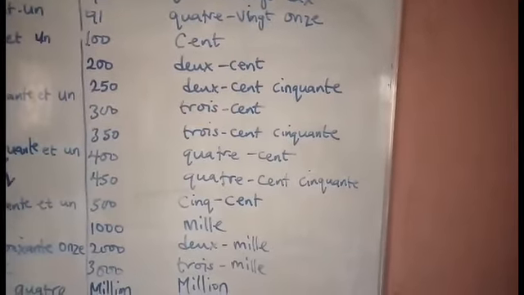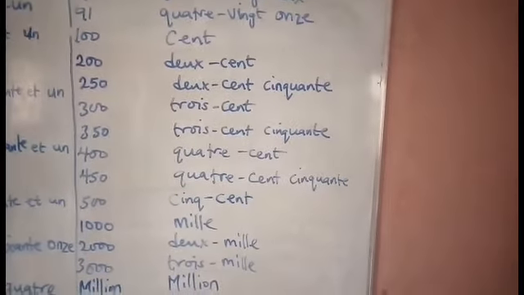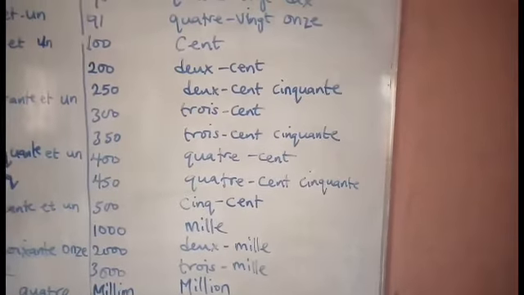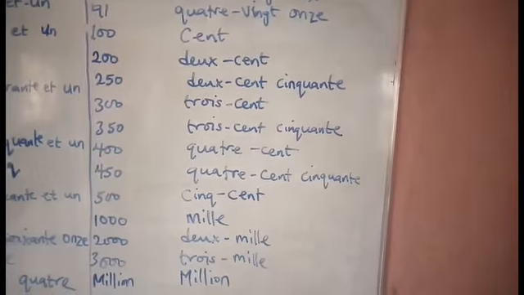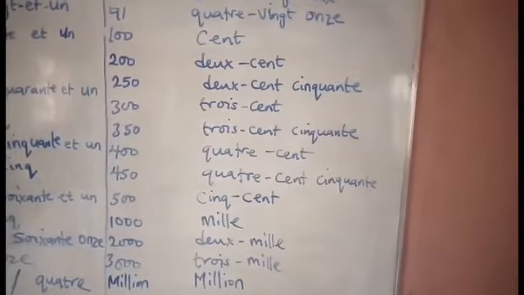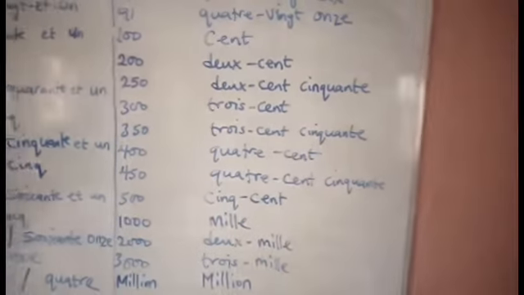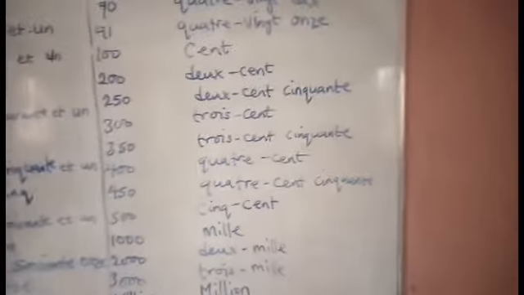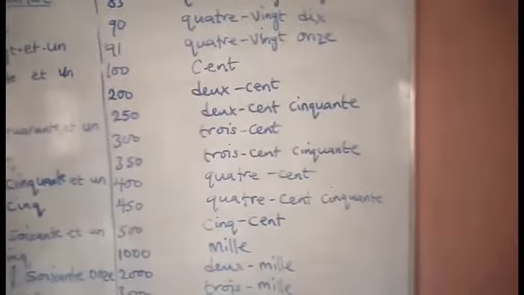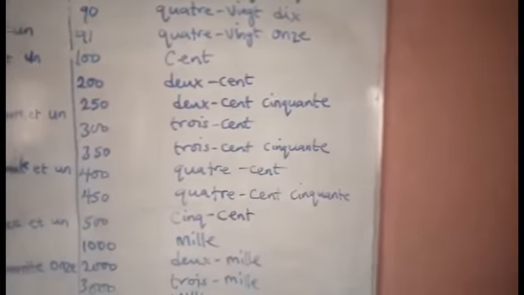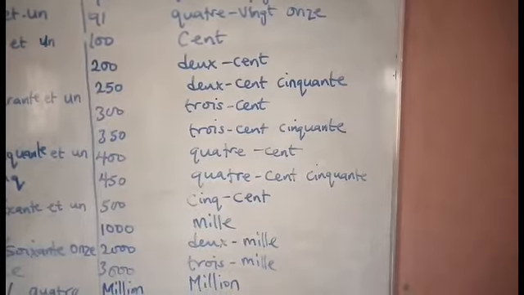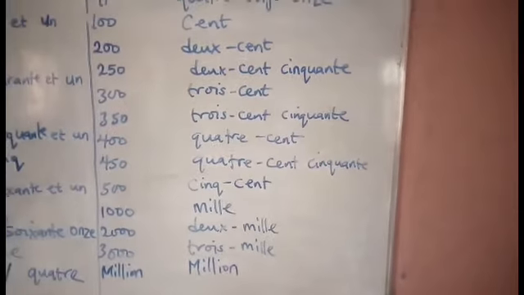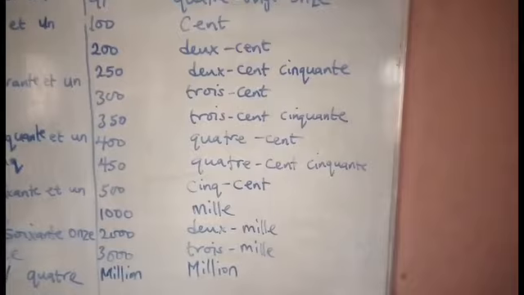And at 300, you have trois cents, okay? And at 301, you have trois cent un, 302, trois cent deux, 303, 304, 305. Okay, it runs that way till 350. And then it runs that way till 400. At 400 you have 400.